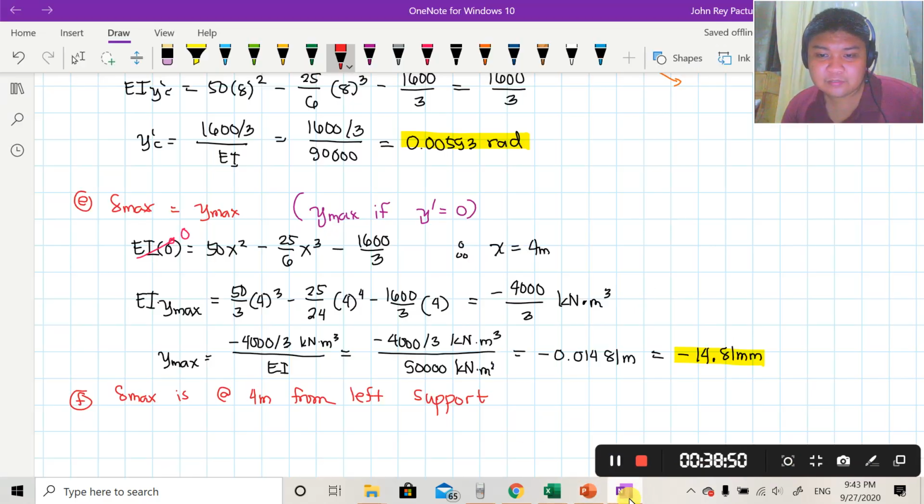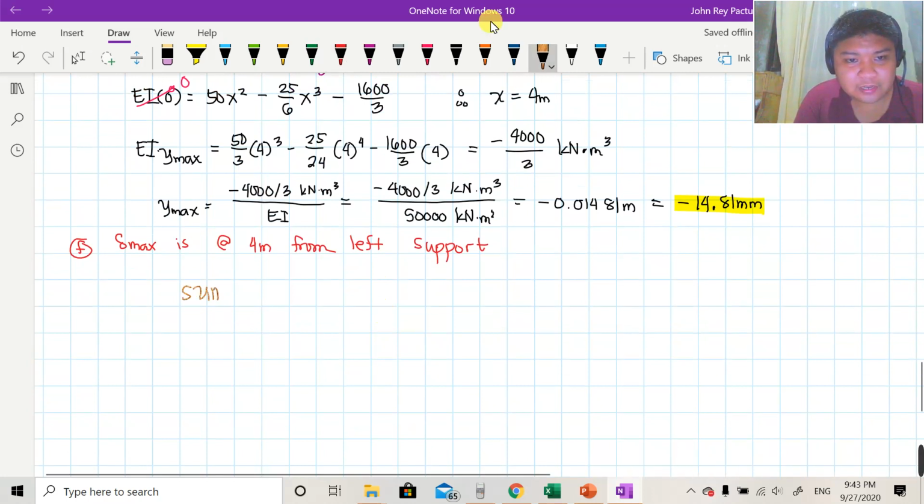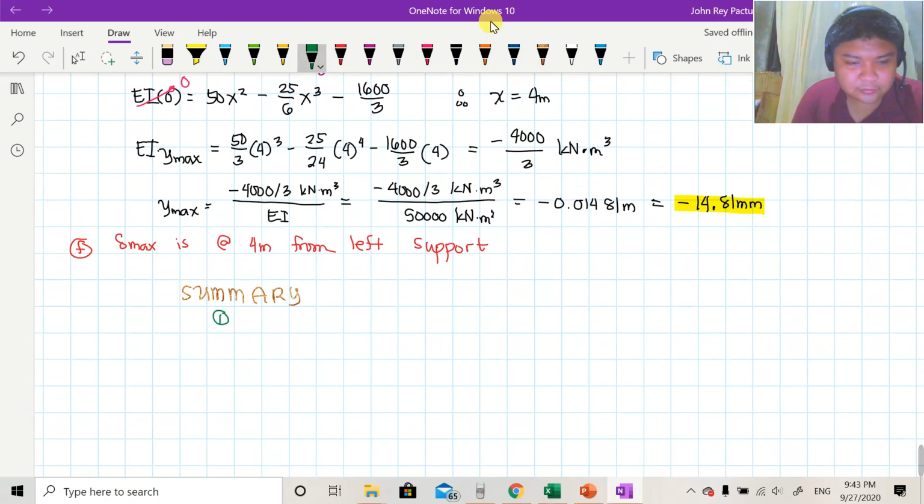So, let's make a summary of the analysis para naman magkaroon ng closure dito. So, to summarize this one, ano ba yung unang tanong? Yung first question is the slope at B. Diba? Slope at B, or simply, y prime at B, class, is simply equal nga siya sa ilan?